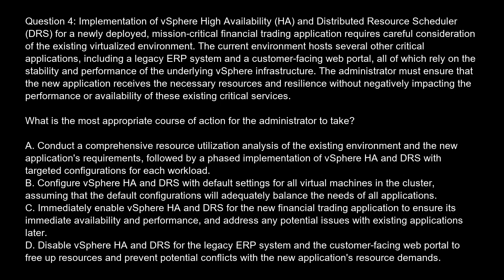Option C. Immediately enable vSphere HA and DRS for the new financial trading application to ensure its immediate availability and performance, and address any potential issues with existing applications later. Option D. Disable vSphere HA and DRS for the legacy ERP system and the customer-facing web portal to free up resources and prevent potential conflicts with the new application's resource demands.